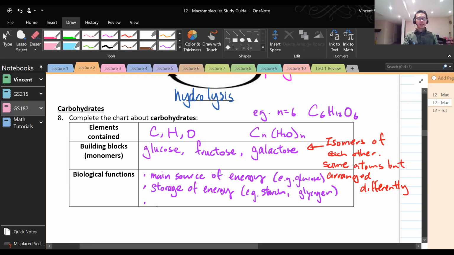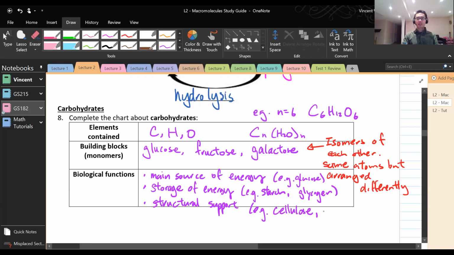One more biological function is structural support. Structural support, not so much for humans. For humans, we don't use carbohydrates for structural support, but other organisms do. For example, plants use cellulose, which is what the fibers are made up of.